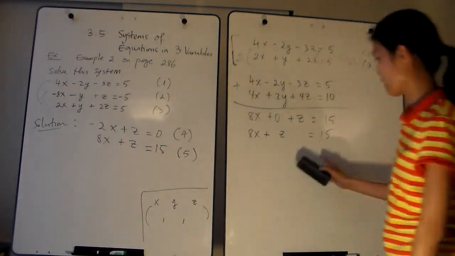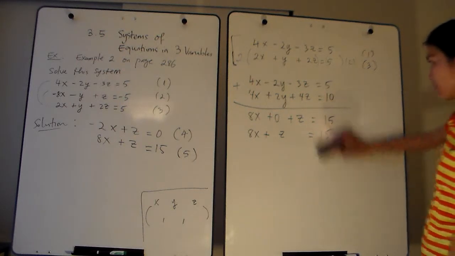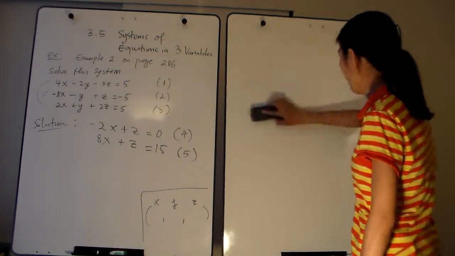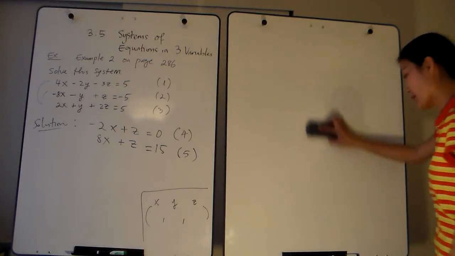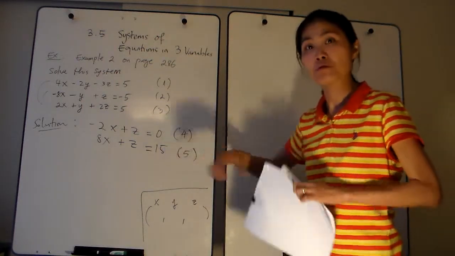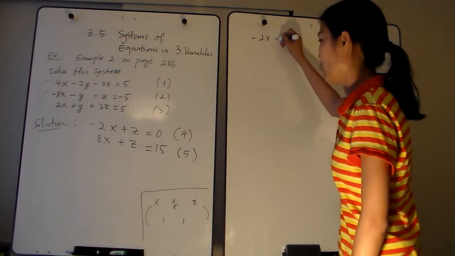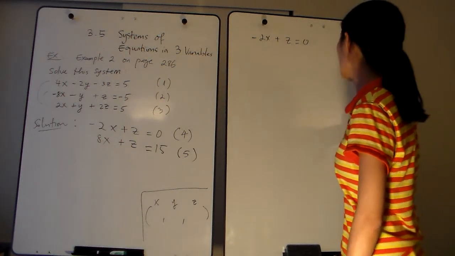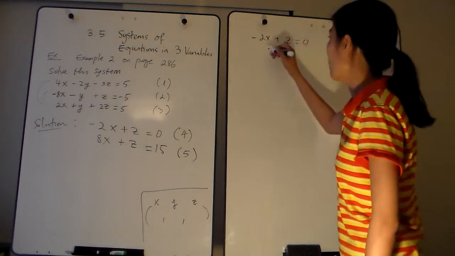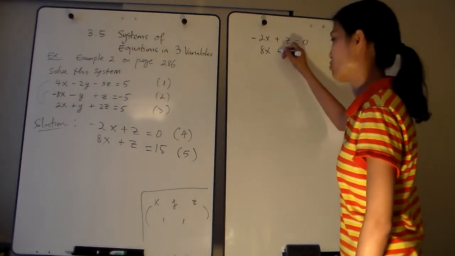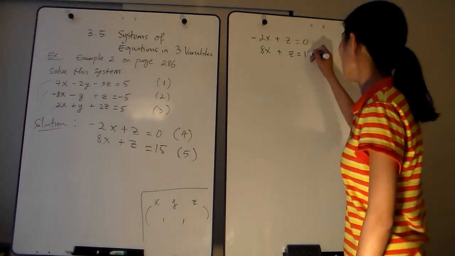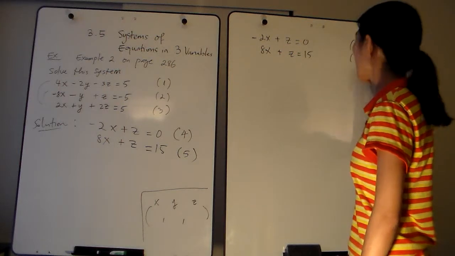Okay, so I'm going to make space, so I'll take this out. And you already learned how to solve a system of two equations, okay? So this is just review. So we have negative 2x plus z equal to 0. This is equation 4. And we have 8x plus z equal to 15. And this is equation 5.